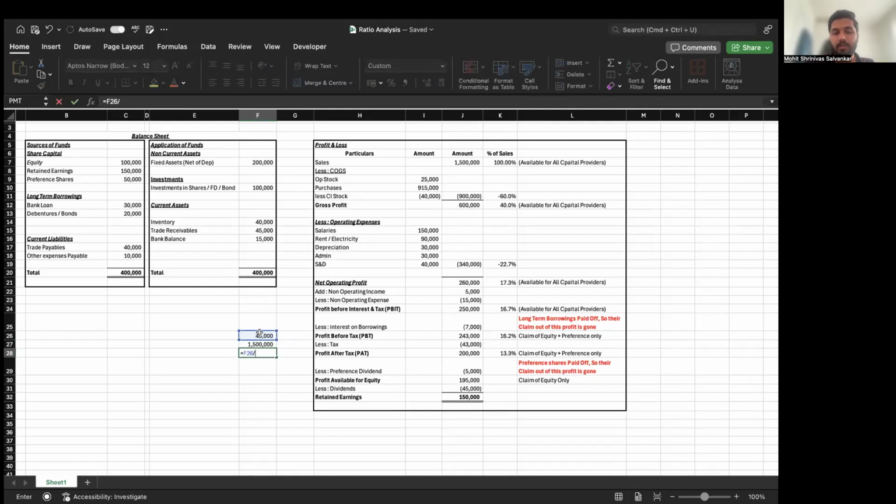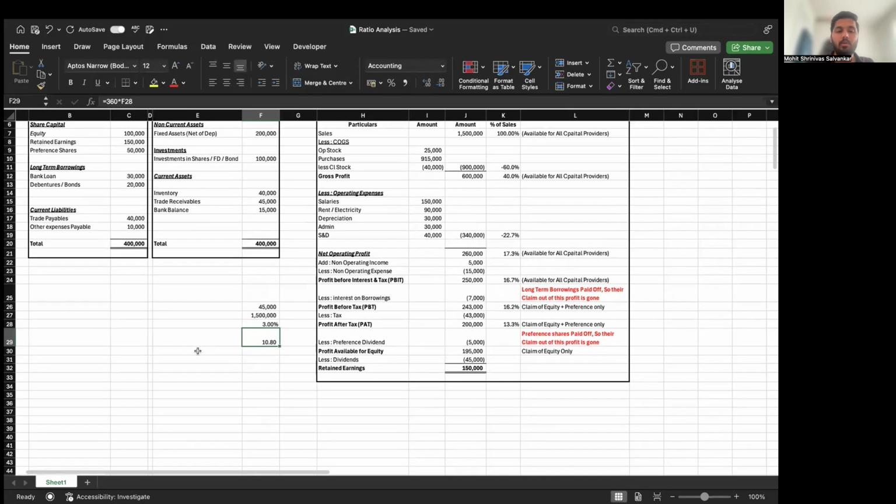If I divide this by this, I get a percentage, which is 3%. So if a year is 360 days and 3% of it is stuck in the receivables, which means 10.8 days worth of debtors are stuck in the working capital.